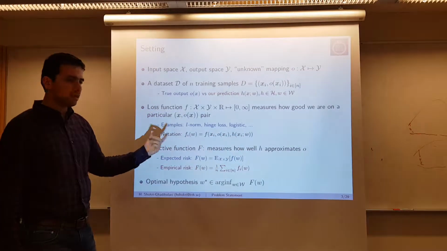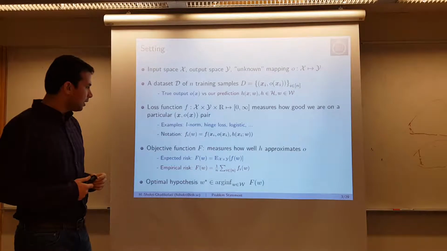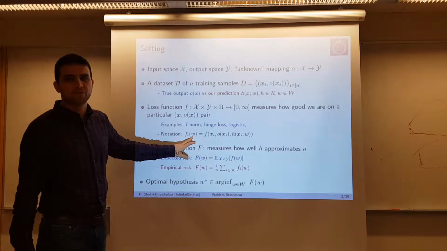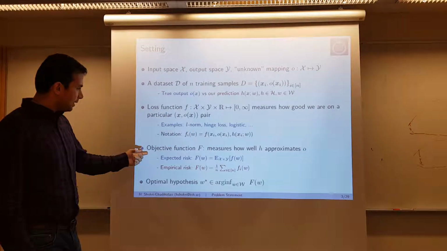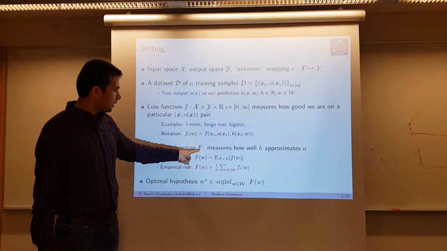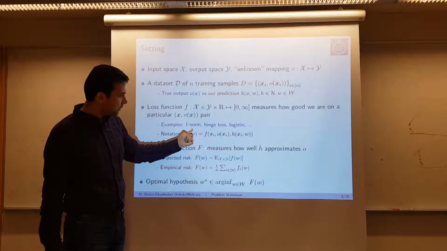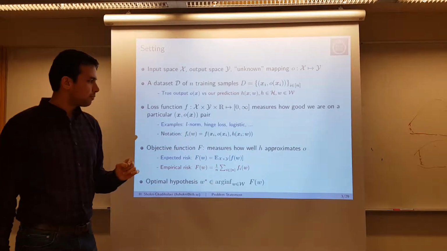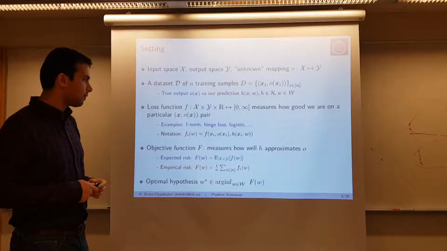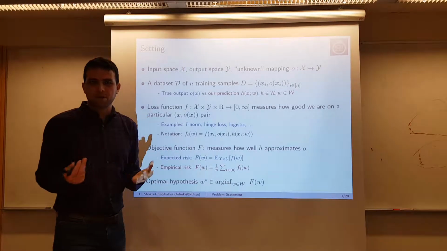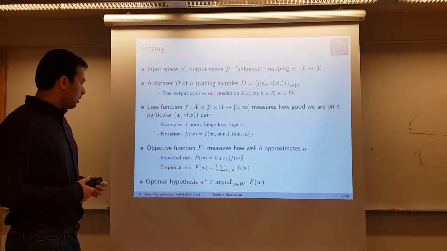So this is somehow a loss function on that very specific sample. And that loss function is a function of your prediction function. And then we have an objective function F, which is a mapping between this f_i, the error on individual samples, and the whole error that you want to have.